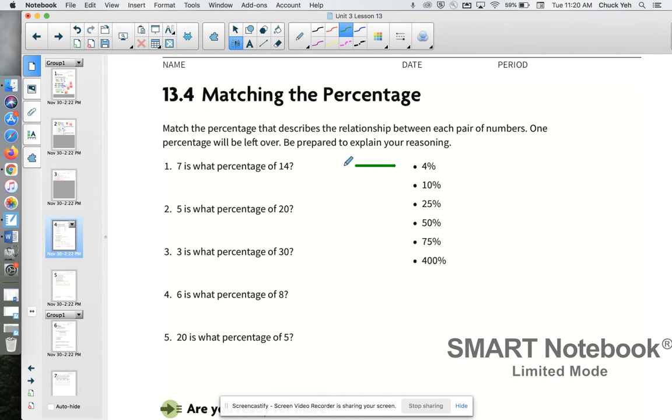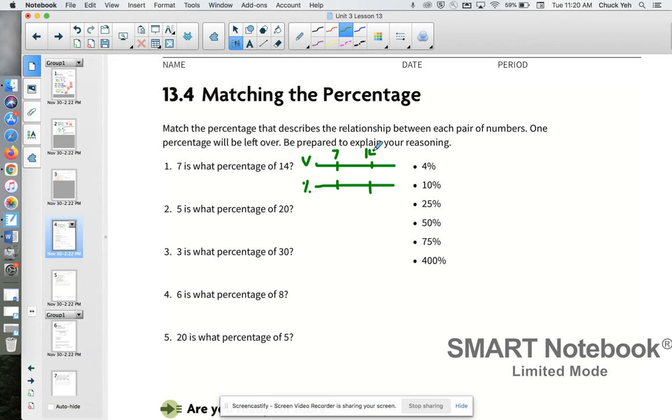All right. One, you can draw a double number line. This is for value, and this is for percent. Draw these tick marks here. 7 is what percentage of 14?